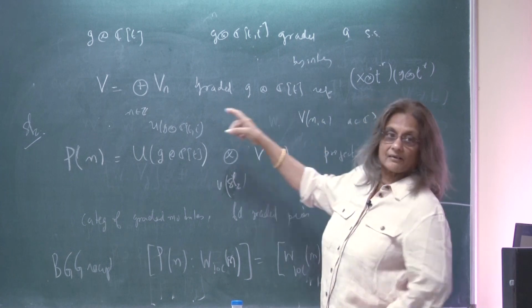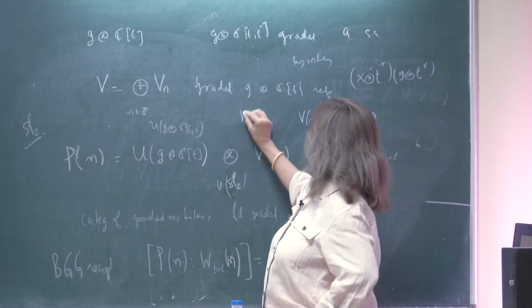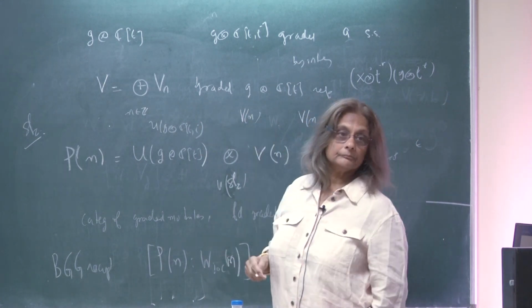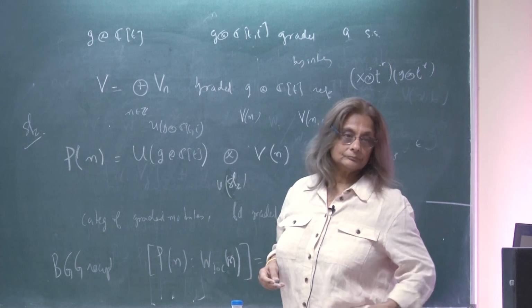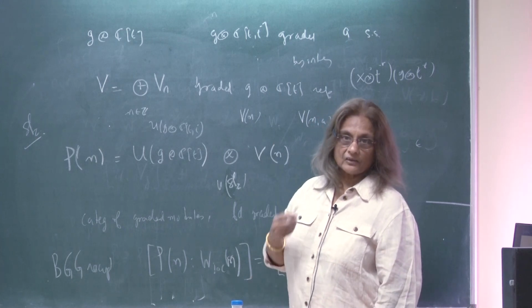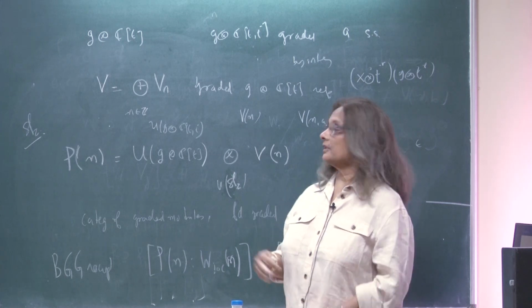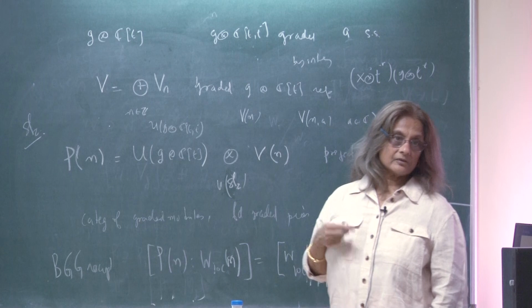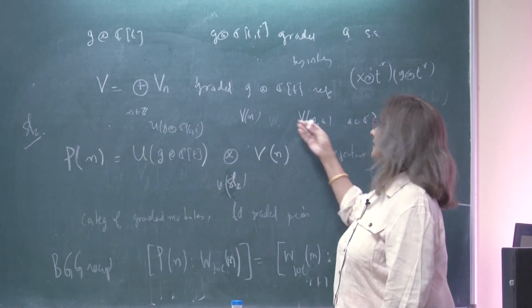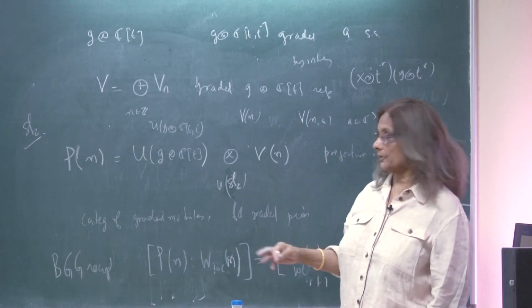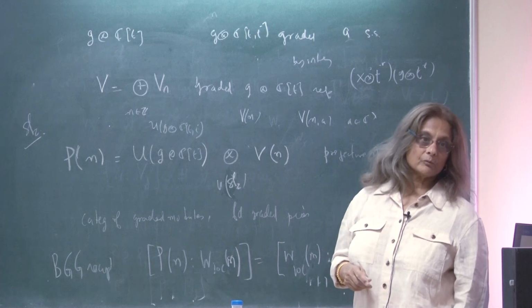But here, because it's graded, the irreducible representations are just of this form, Vn. There's only one point, and it's because there's only one point that you're able to shrink everything so much. So you have the irreducible representations, and they weren't very interesting there. They're even less interesting here, but the rest of the stuff becomes more interesting.